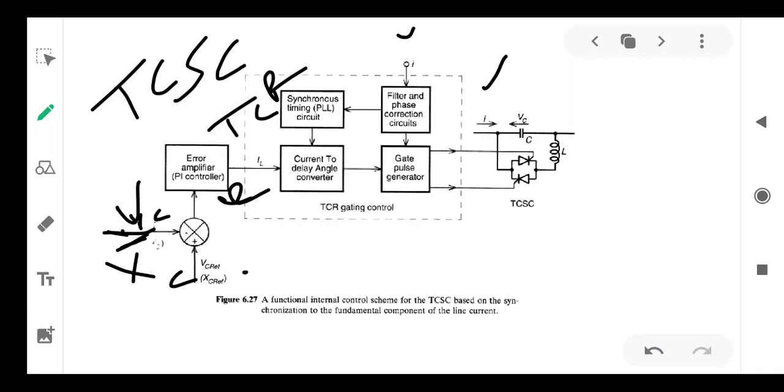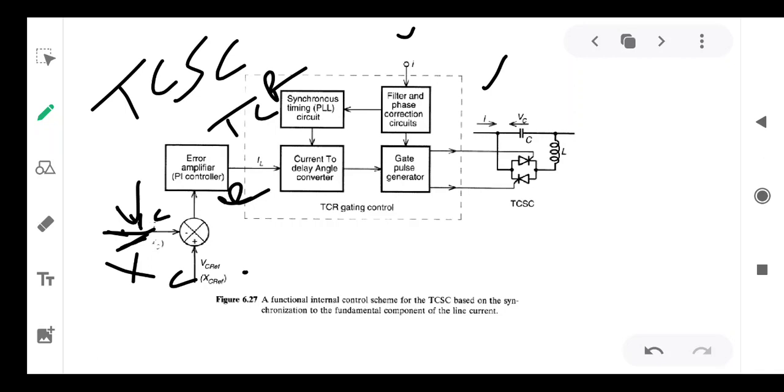From this TCR current you can obtain the alpha. ITCR and alpha are related; ITCR is a function of alpha, from which you can obtain the alpha value. From the alpha value, the angle is adjusted with theta.